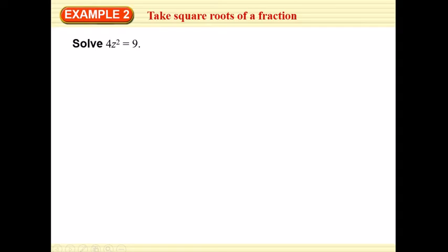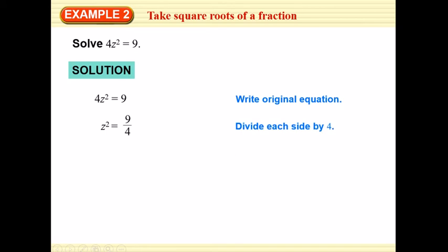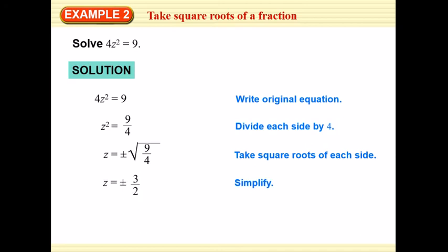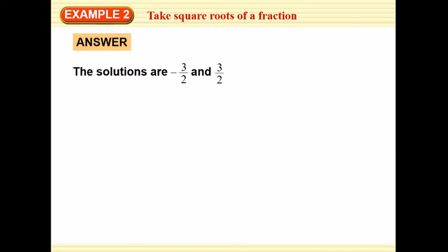Alright, so example 2 here. We're going to want to divide 4z squared by 4, which means I'm going to divide 9 by 4 as well. So that gives me 9/4. And when I take the square root, since it is positive, there are 2 solutions, so I'm going to have plus or minus the square root of 9/4, which becomes plus or minus 3/2.